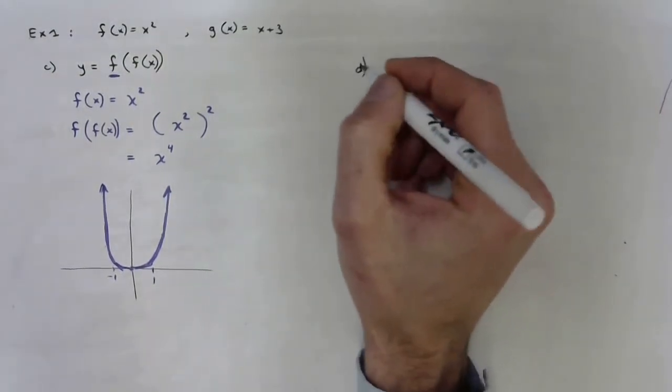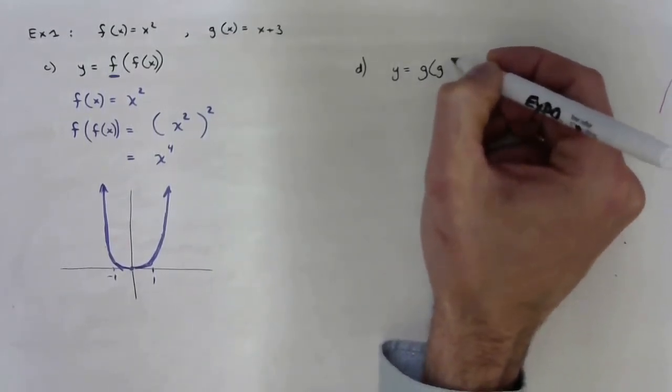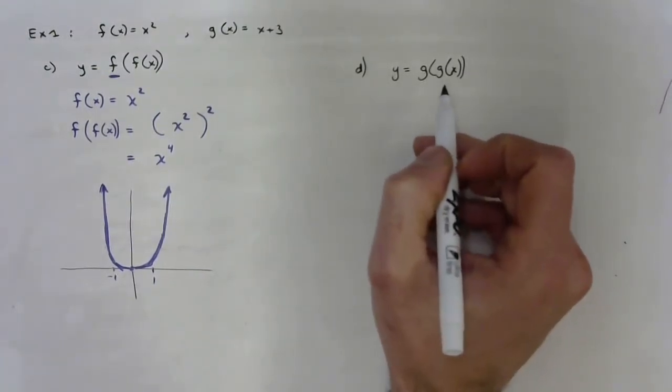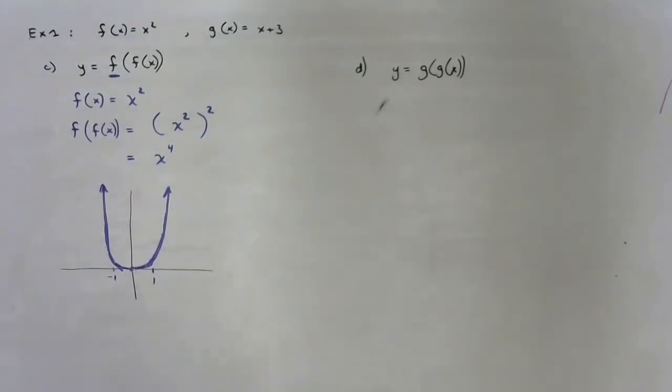D. How are we asked to combine D? We're going with y equals g of g of x. So we have a composite function where g of x is getting substituted into g of x. The first thing we're going to do is take down g of x.